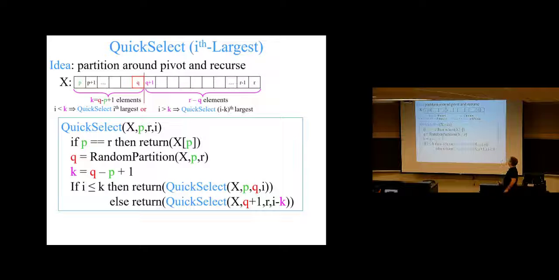Otherwise, we recurse on the upper portion of the array, which contains R minus Q elements. So we recurse from the element Q plus 1, which is the first element of the upper portion, to the end of the upper portion, which is element R over here.